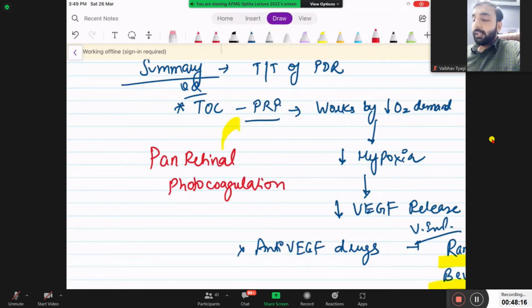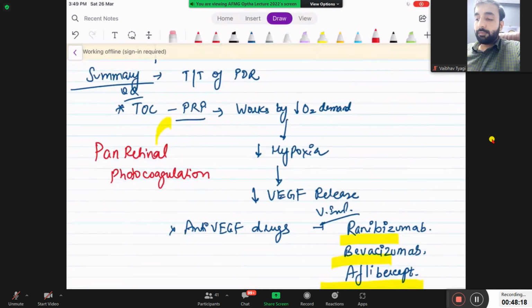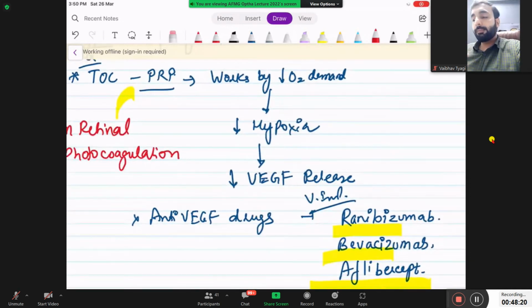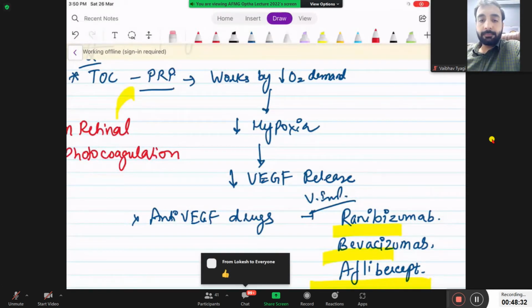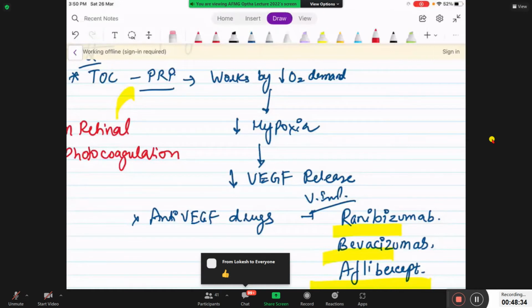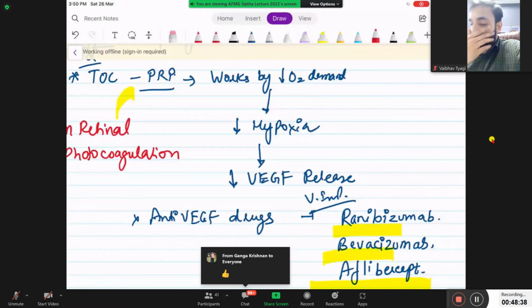Another treatment option is anti-VEGF drugs. The names of the 3 anti-VEGF drugs you have to remember are Ranibizumab, Bevacizumab, and Aflibercept. Give me a thumbs up if it is clear. Thumbs up if it is clear. Yes.